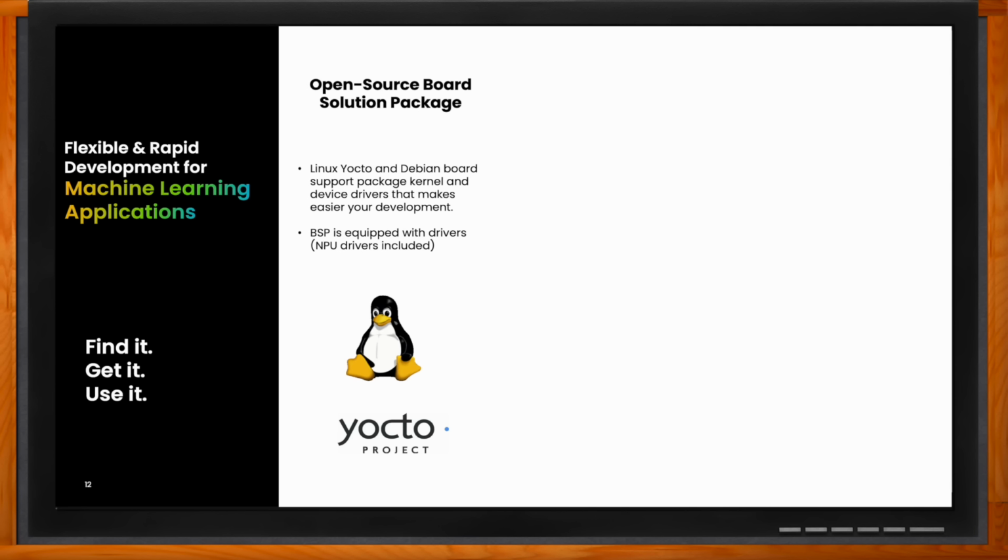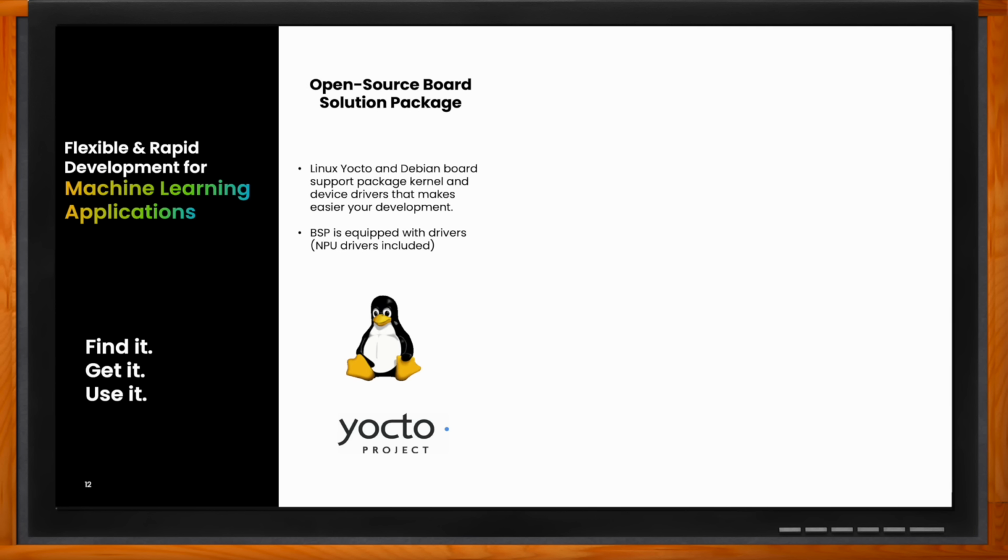So the first thing I like to talk about is we have this open source board support package, or BSP. The idea behind the BSP is that it allows our users to really focus on getting their application developed and done, rather than trying to figure out all the low-level coding and Linux drivers. We provide a Linux Yocto layer that allows you to build your own custom image.